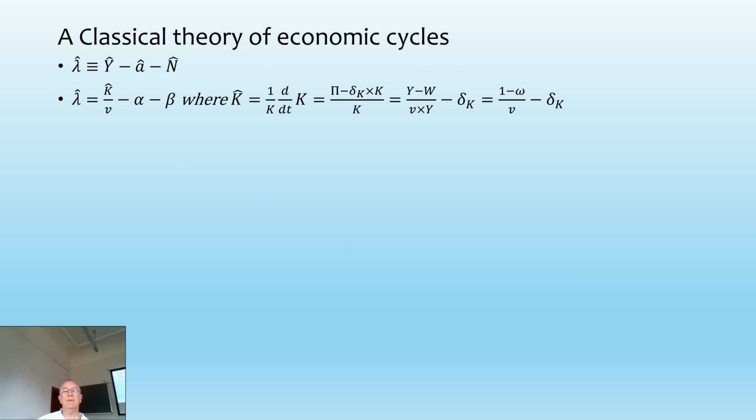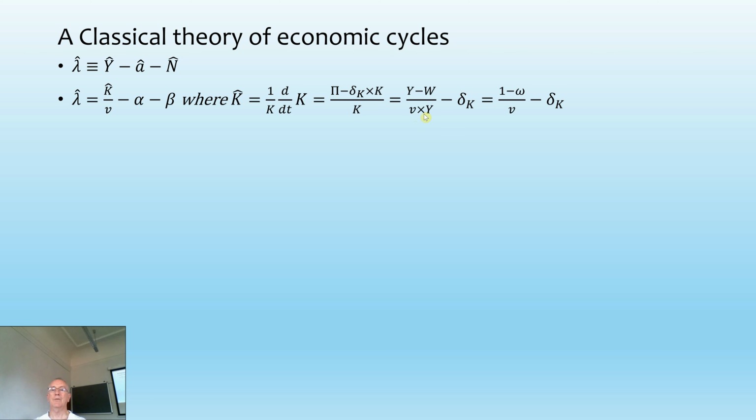So we have this definition here, and I'm just going to expand it out. The rate of change of the employment rate is the rate of change of capital stock divided by the accelerator, that's my substitution for rate of change of output up there, minus alpha minus beta. We know this is 1 over K, dK/dt, which is profit, because we're assuming all profits are invested, minus depreciation, divided by the capital stock.